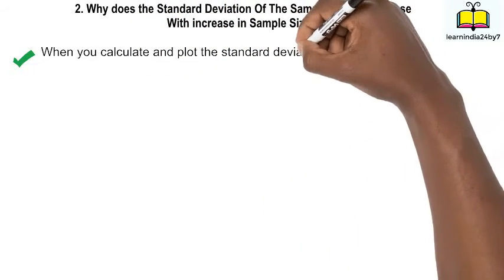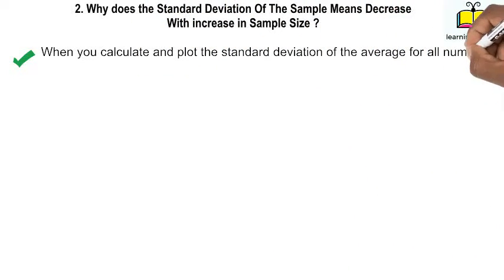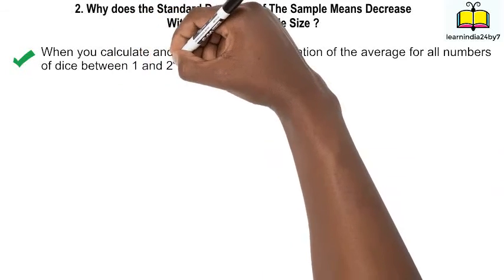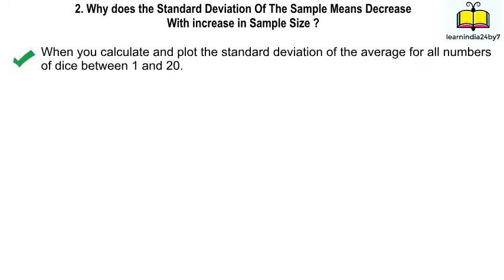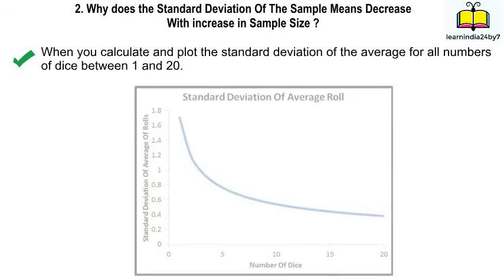When you calculate and plot the standard deviation of the average for all numbers of dice between 1 and 20, you can see the graph as shown below.